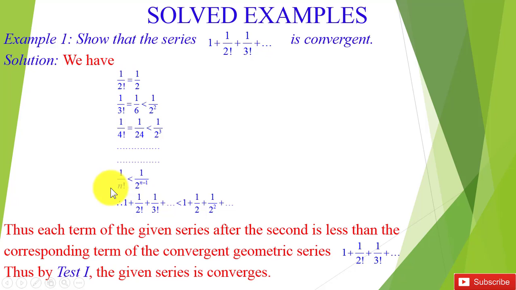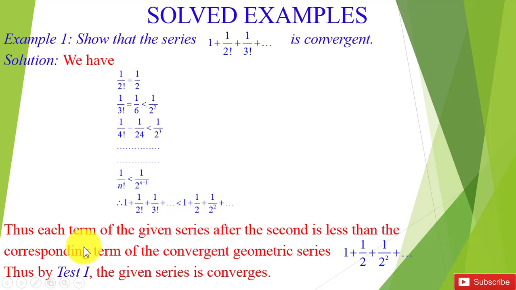Similarly, 1 by factorial n is less than 1 by 2 raised to the power n minus 1. Therefore 1 plus 1 by factorial 2 plus 1 by factorial 3 plus up to infinity is less than 1 plus half plus 1 by 2 square plus up to infinity.